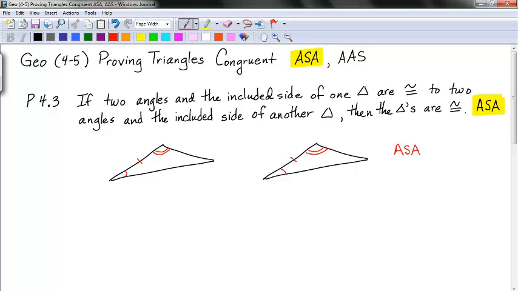Okay, now this one is a theorem. Theorem 4.5.